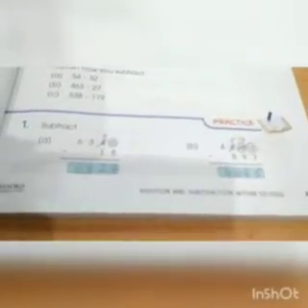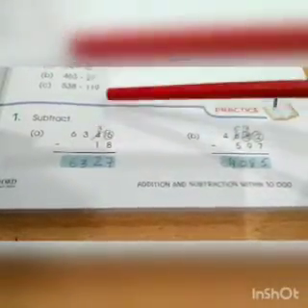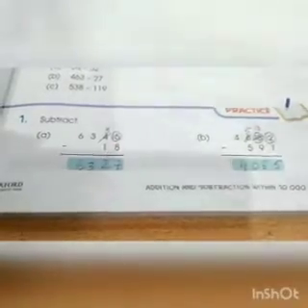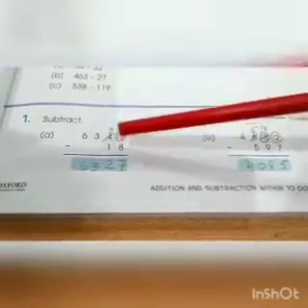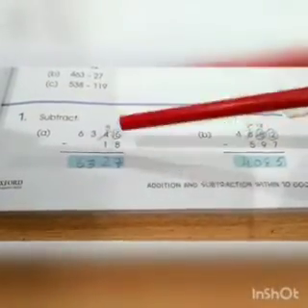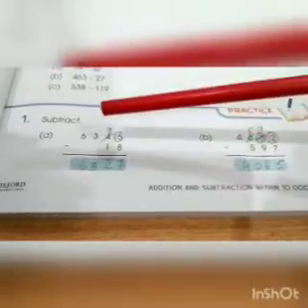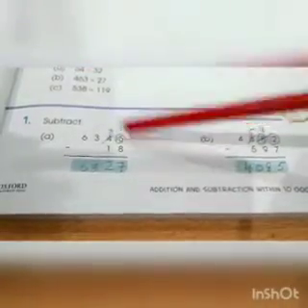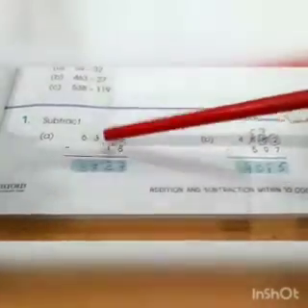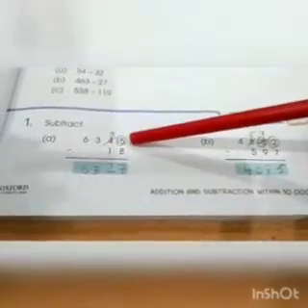Practice. Question number 1, subtract. Part A, 6,345 minus 18. Okay, class? 5 ones is less than 8 ones. We can't subtract. We need to borrow from 4. Give me one of your tens so I can be 15.